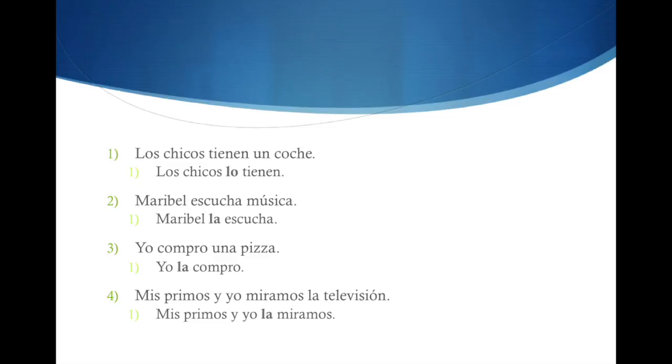Take a look at the words that are in bold. What do you think they are taking the place of in the sentence above? For example, in número uno, we have los chicos tienen un coche. We rewrite that as los chicos lo tienen. Lo takes the place of un coche. Lo is the direct object pronoun. Coche is the direct object.